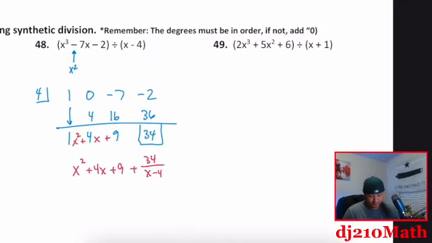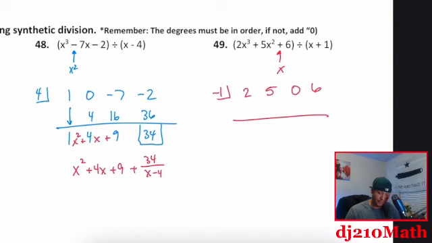Okay. What do we got here? 3x or x cubed, x squared. All right, there's an x missing. So that means in the box, we're getting -1. Remember, it's the opposite of whatever they give us. So 2, 5 for x squared. 1, no, not 1, 0 because of the x, and then 6. Okay, bring down the 2.